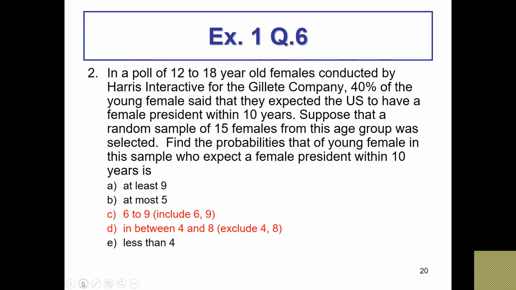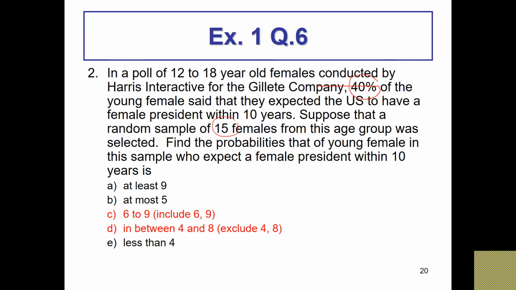Okay, next for your question 6 of exercise 1 as well. You're given a poll of 12 to 18-year-old females conducted by a company. 40% of the young females said they expected the US to have a female president within 10 years. Suppose a random sample of 15 females from this age group was selected. You want to find the probability that a young female in the sample expects a female president within 10 years.